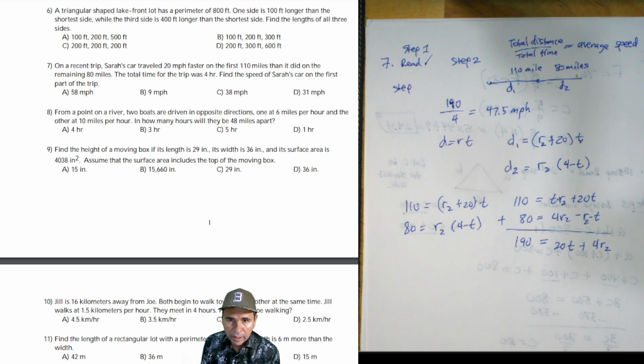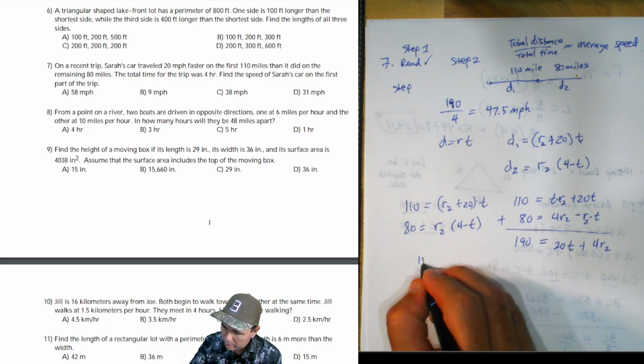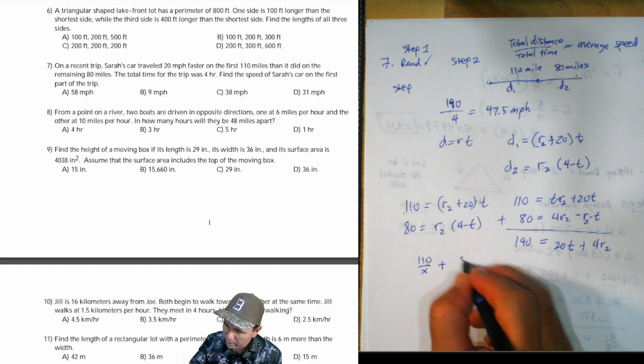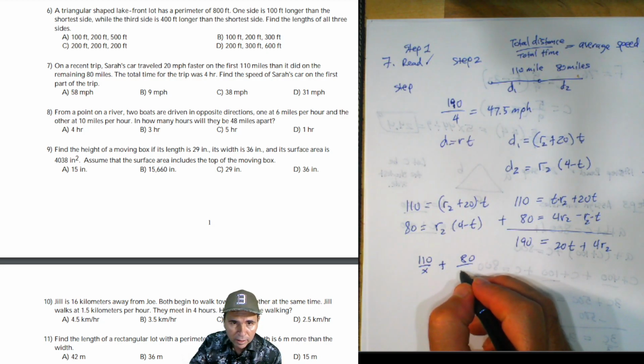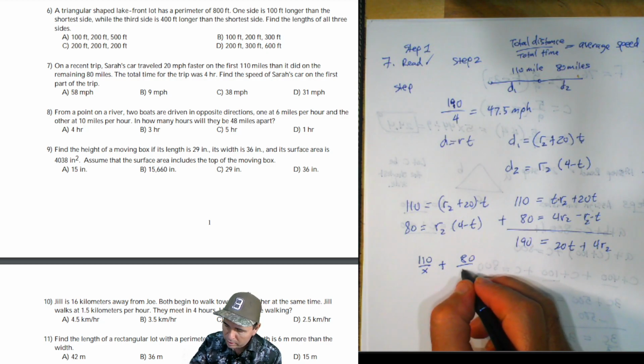We also know that the total time is 4. So we also know that 110 divided by x speed plus 80 divided by, this is 20 miles per hour faster than that.